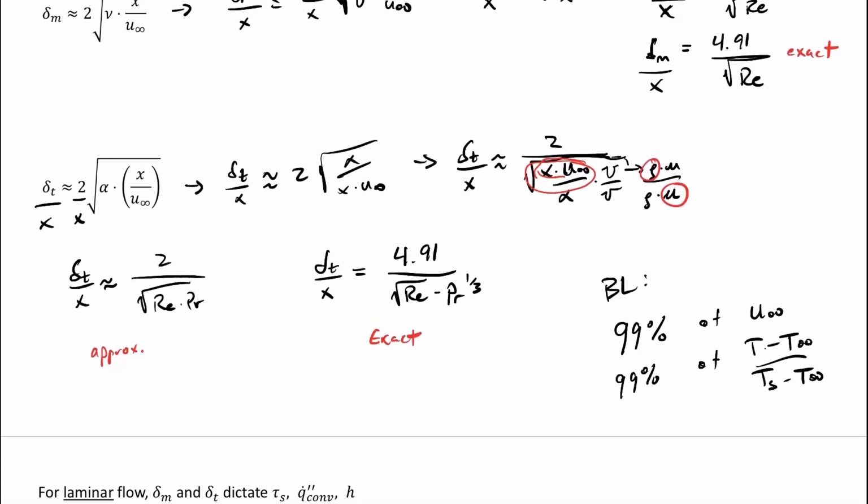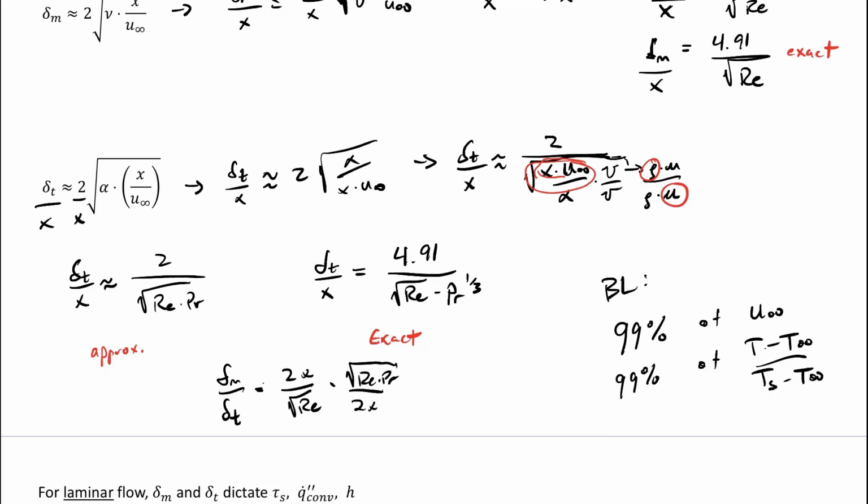One other thing. Sometimes we want to compare the ratio of the momentum boundary layer to the thermal boundary layer, or vice versa. If we go through and do the algebra for this, we end up with 2x over square root of Reynolds for the momentum boundary layer, and then the inverse of the thermal, which is 2x divided by square root of Reynolds times Prandtl.